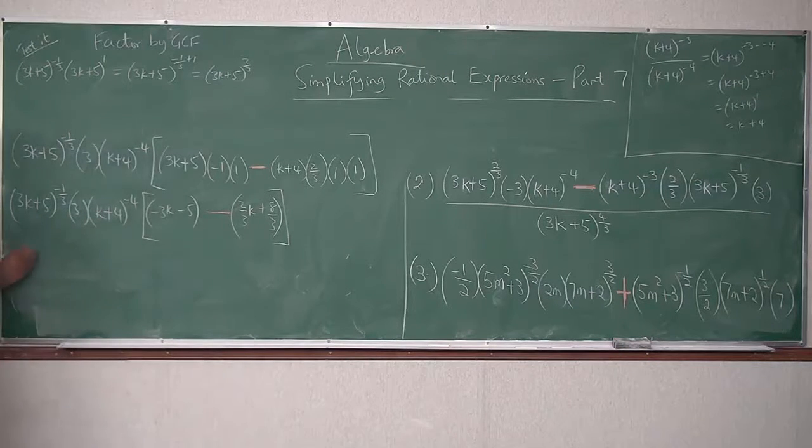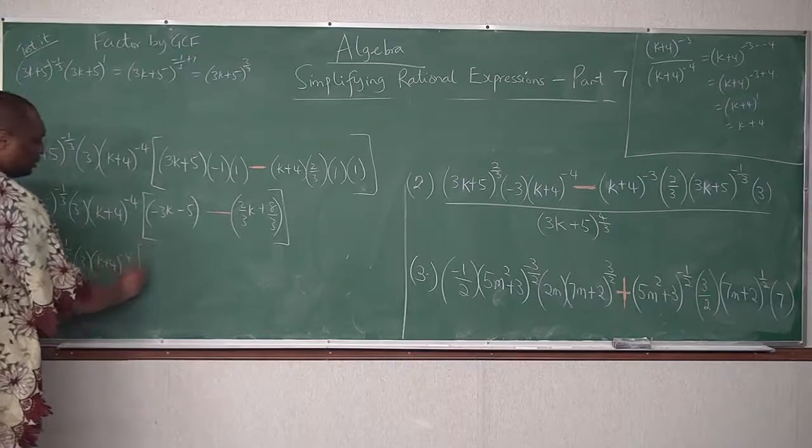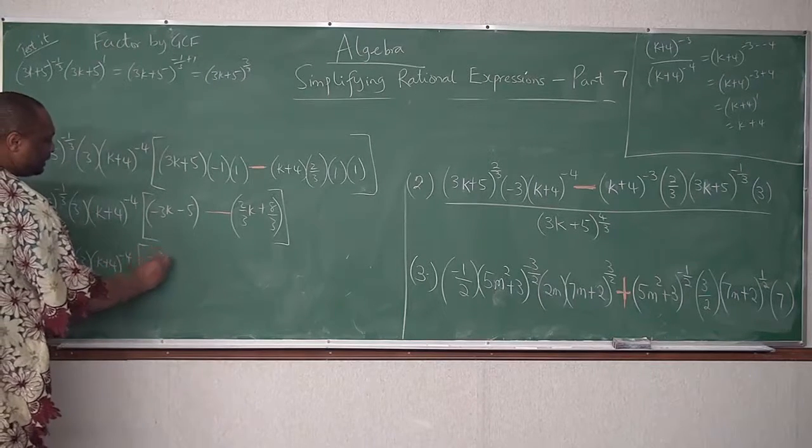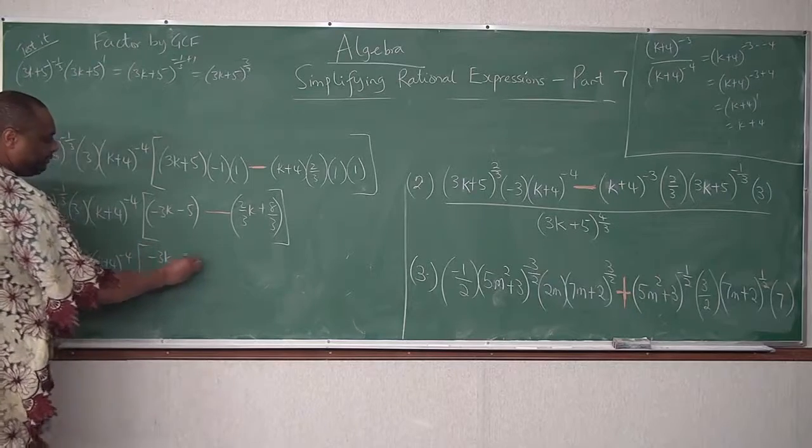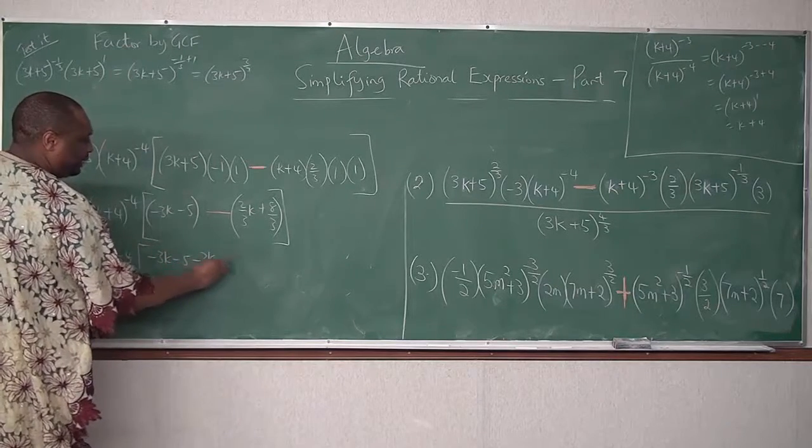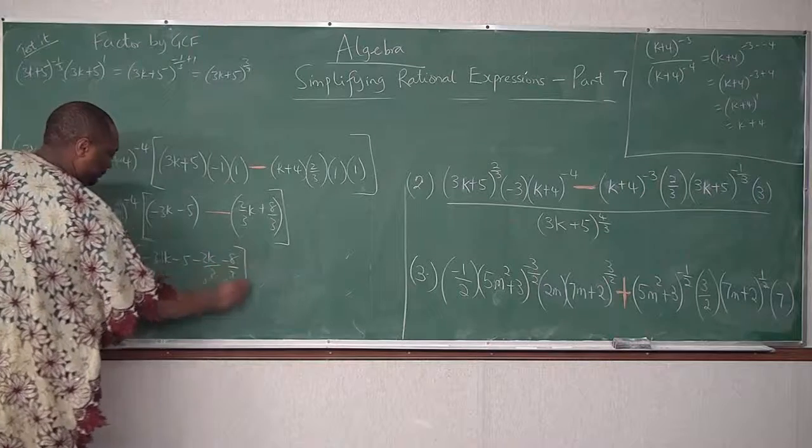Okay, so this is 3k plus 5 exponent negative 1 over 3 times 3 times k plus 4 exponent negative 4. Then we now open up this: negative 3k, negative 5, minus 2k over 3, minus 8 over 3.